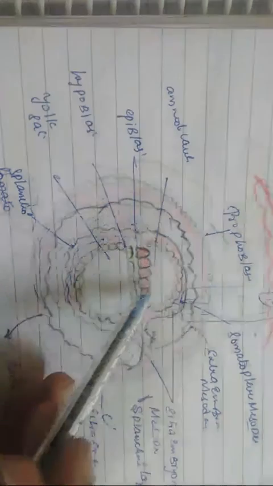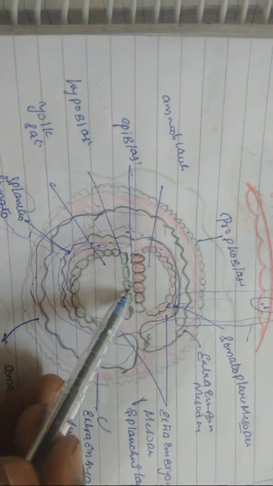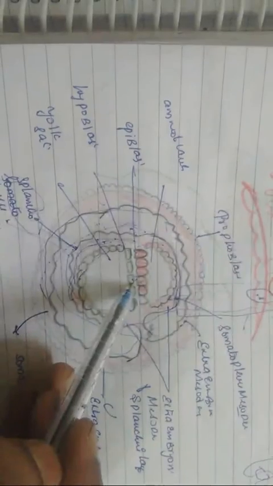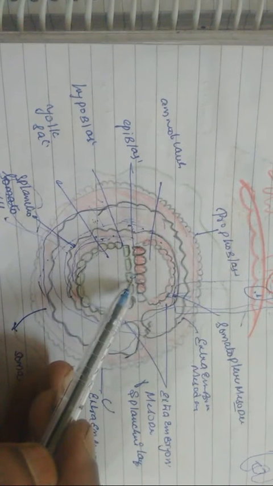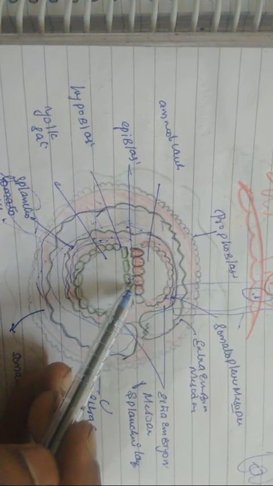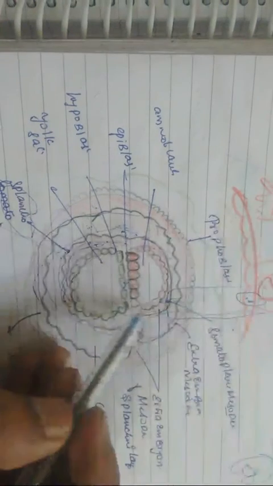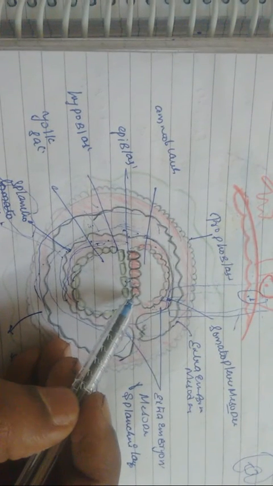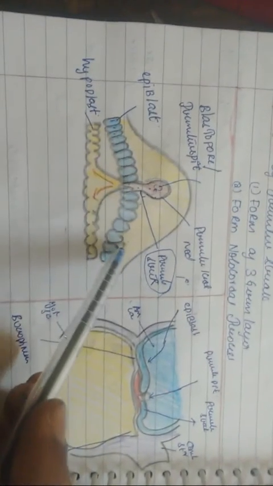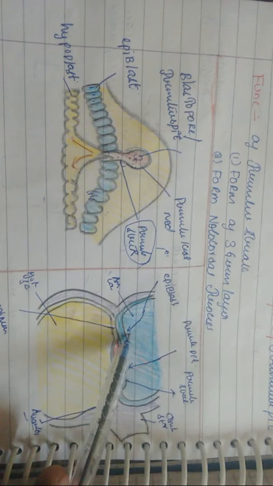So what is it trying to tell? If you look at this condition, normally this is how the epiblast and hypoblast are. But what happens here is that the epiblast at the caudal end grows rapidly. This is epiblast, this is hypoblast.